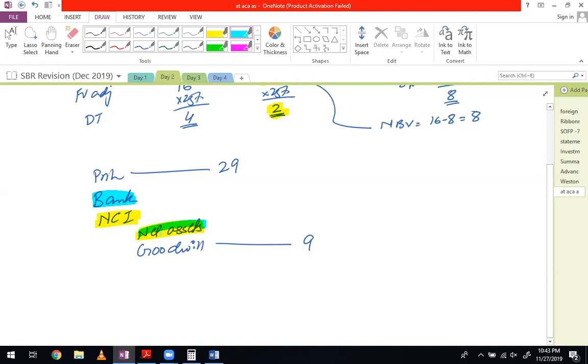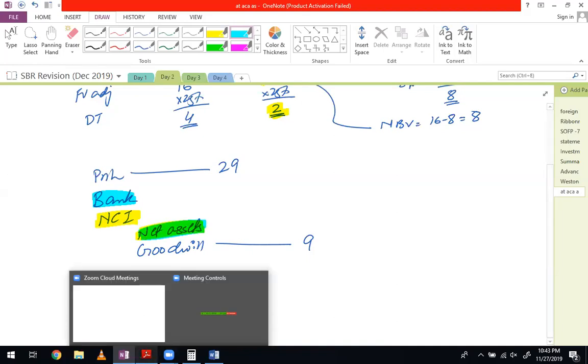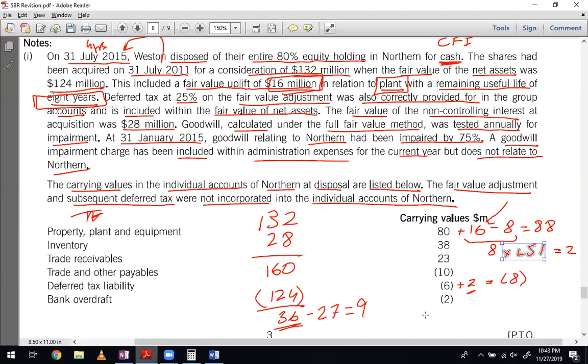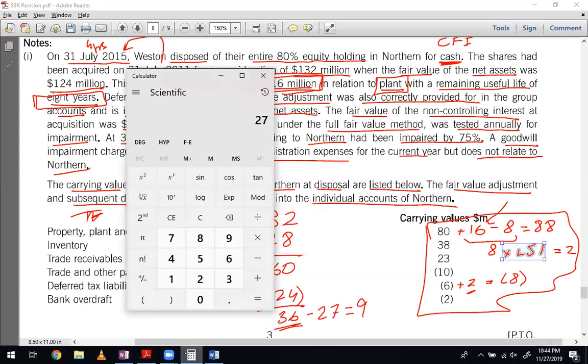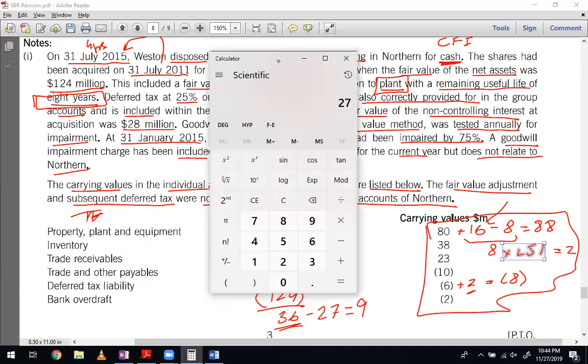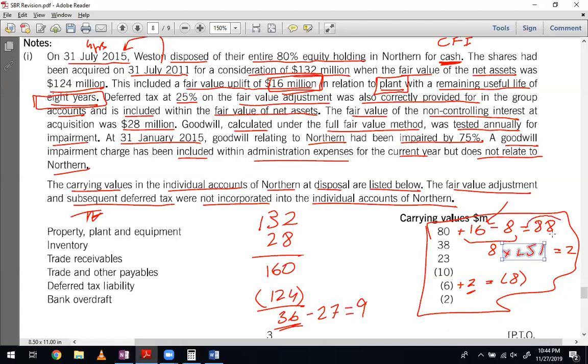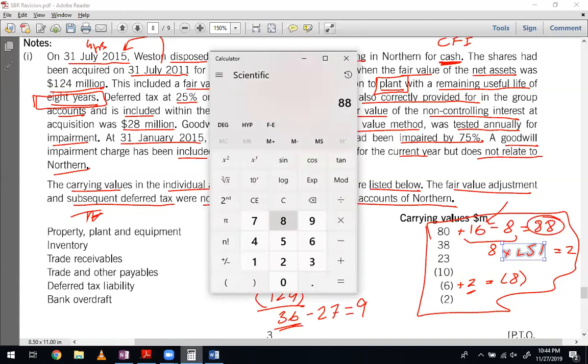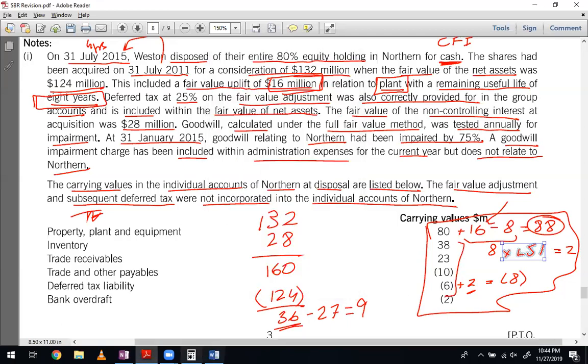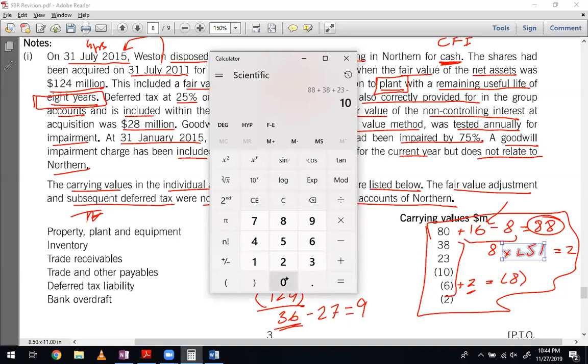But from where do we get the net assets? The net assets is simply the sum of all these values. Because this is what the net assets are all about. So we can say 88, this one, plus 38, plus 23, I'm adding all these values, minus 10, minus 8, minus 2.